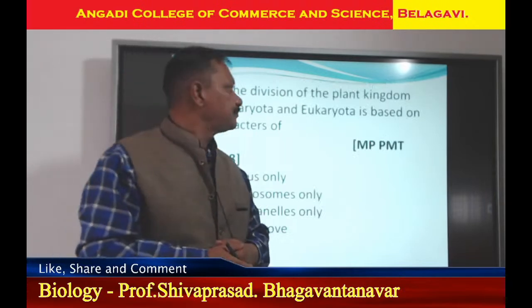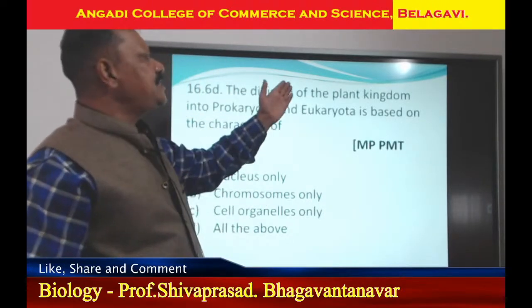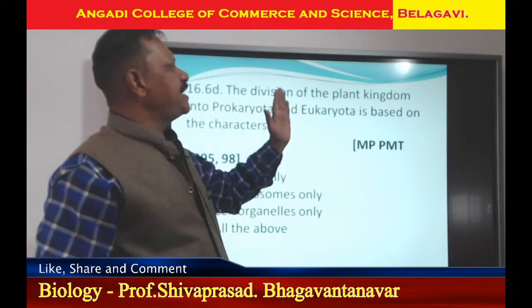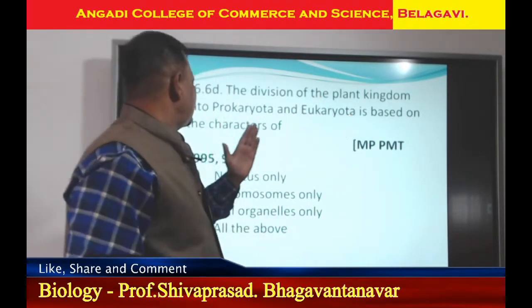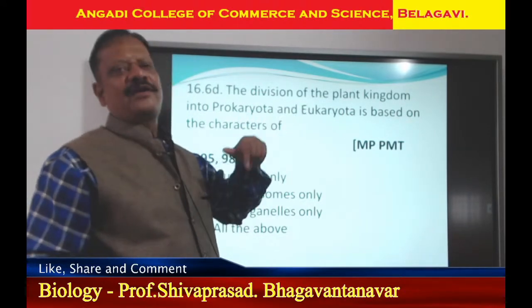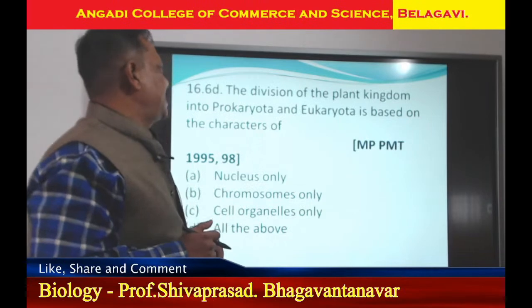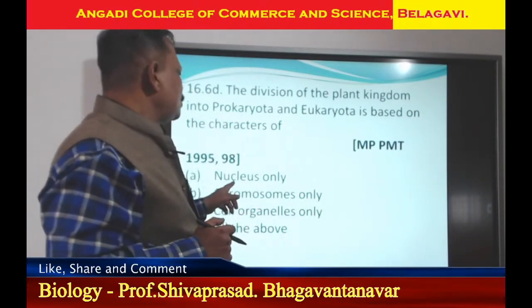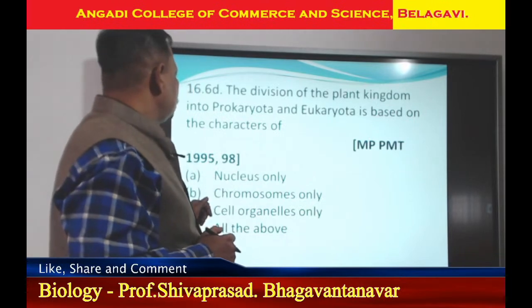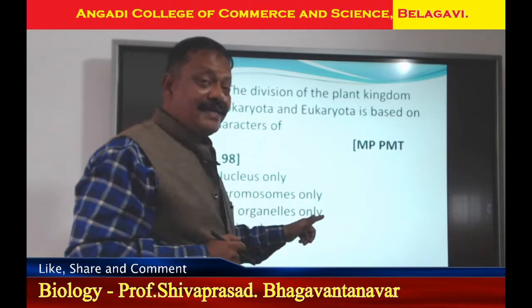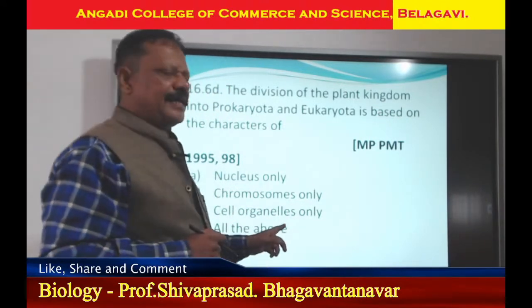Now next, the division of the plant kingdom into prokaryota and eukaryota is based on the character of what? By what character are prokaryotes and eukaryotes differentiated? See here the options: nucleus only, chromosomes only, cell organelles only, all the above.